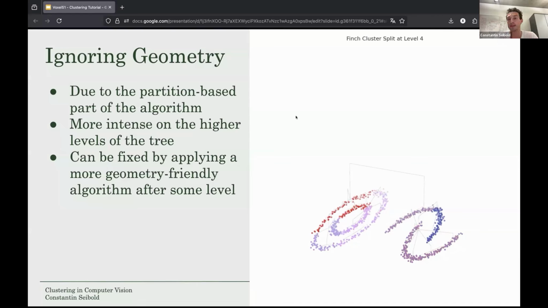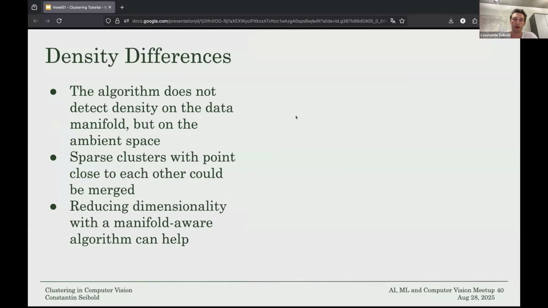And if your data set does not fit towards ellipsoid or hypersphere samples, you will merge samples together that should not be merged. You can obviously apply some geometry-friendly algorithm to better adapt the merges to your data, but this is a bit of a hands-on approach and adaptation to the algorithm.